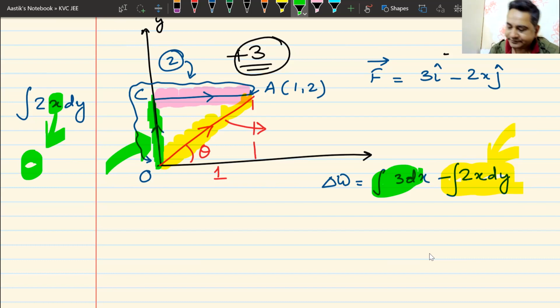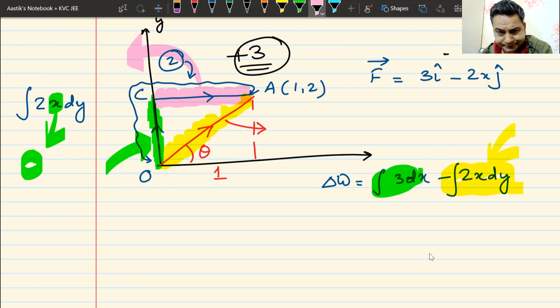Hanak, what was the mistake? When we did the pink path, I think I wrongly wrote, and it just missed my mind, that dy is 0. Is that so? No. Then what mistake did I make?